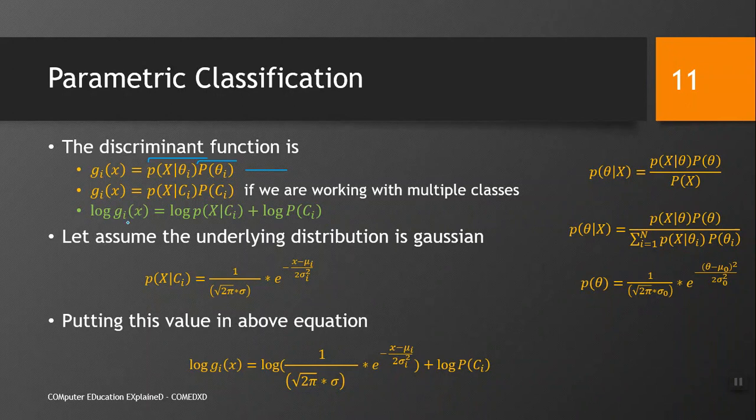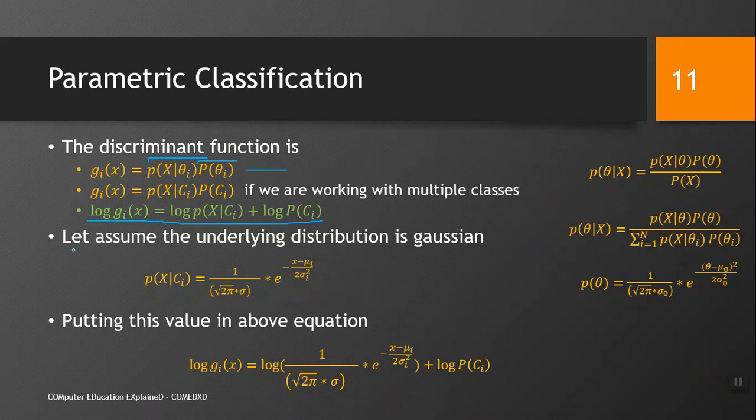And we just write it like this. It is because we are taking the log, because multiplication is compute intensive and time consuming. So we convert this problem into a summation problem, which is faster and not that compute intensive.